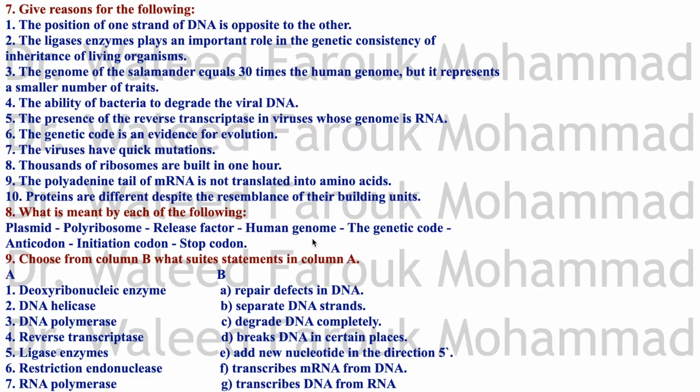The genetic code: the sequence of nucleotides on DNA, in particular part of the DNA. The anticodon is the site of tRNA, consists of 3 bases that pair with a suitable mRNA codon at the mRNA ribosome complex.